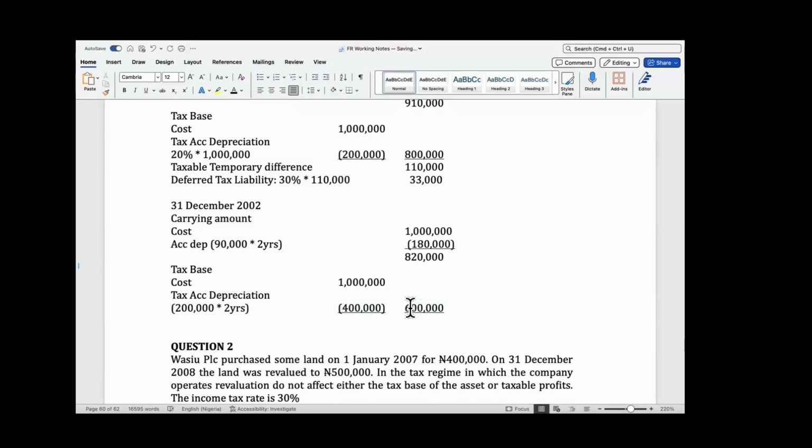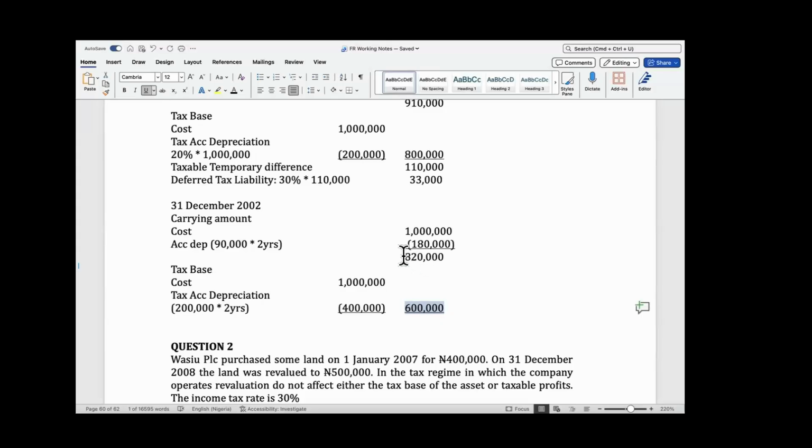Again, the deduction I will get, that's the interpretation when it comes to PP, deferred tax on PP. The way you calculate tax base is what I'm showing you, and the interpretation is that the meaning of this tax base in this context is the deductions you will get over the remaining life of the asset.